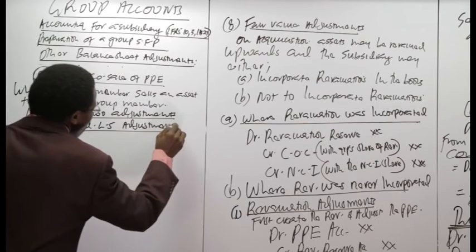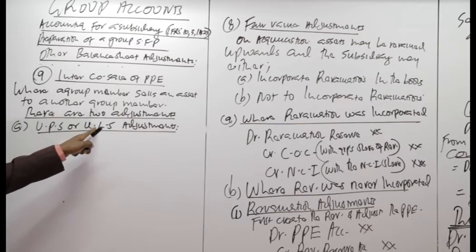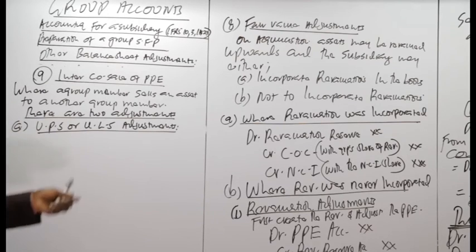Listen to me carefully there, friends. I'm saying the unrealized profits or unrealized losses adjustment is either a profit, it was sold at a profit, or it was sold at a loss.